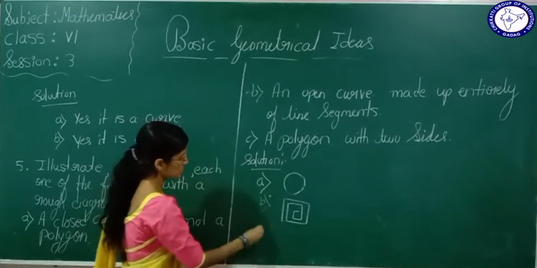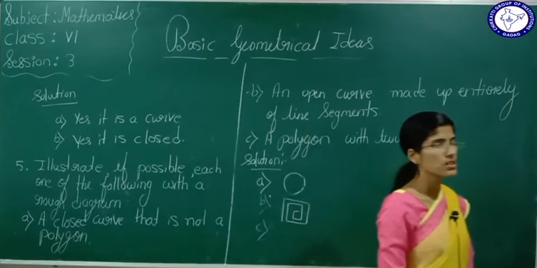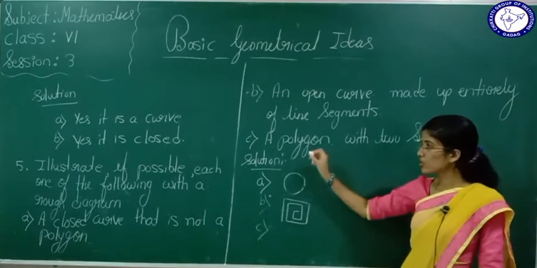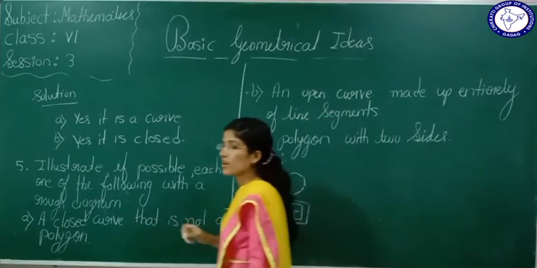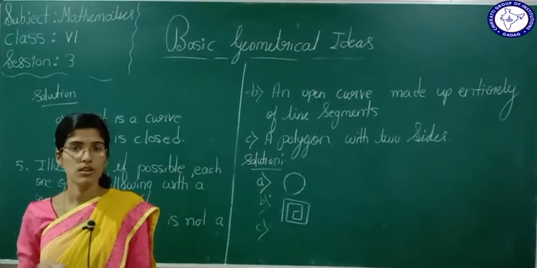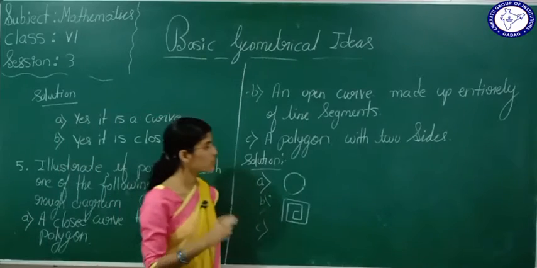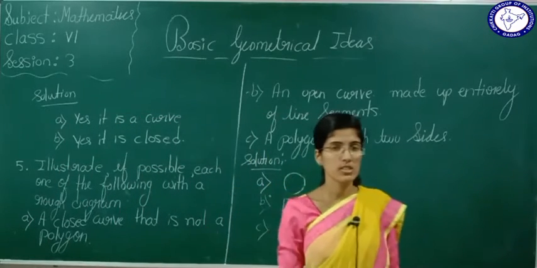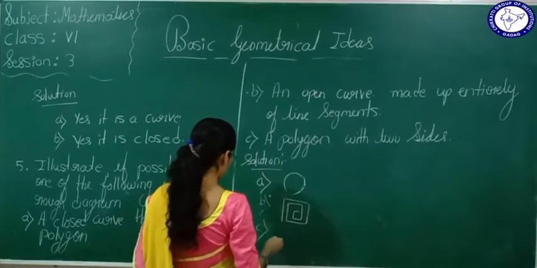Next, a polygon with two sides. Is it possible to draw a polygon with two sides? Now see here, polygon means what? A simple closed curve made up of line segments. With only two sides it is not possible to draw a polygon. So what can we tell here?